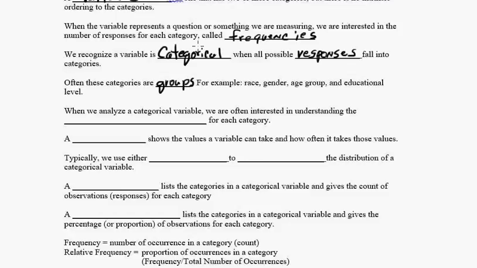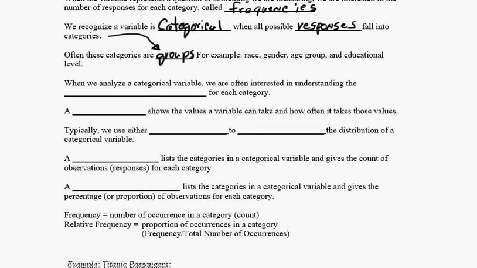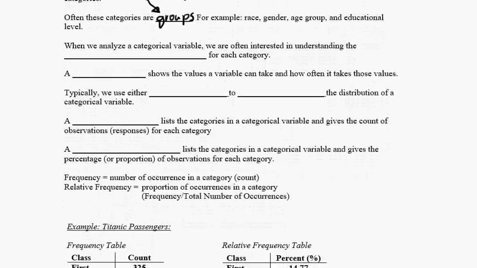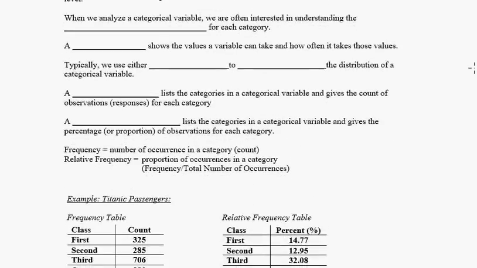And those groups can be a lot of different things. You can invent them. Here are some common ones: race, gender, age, educational level, type of car. There's all kinds of ways that we group things in our society.